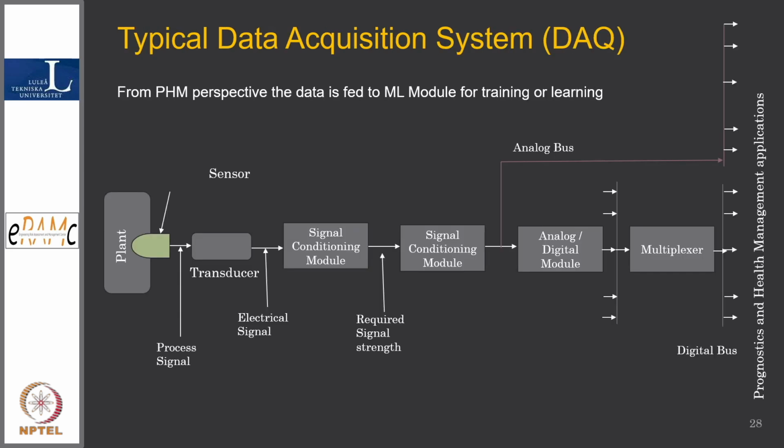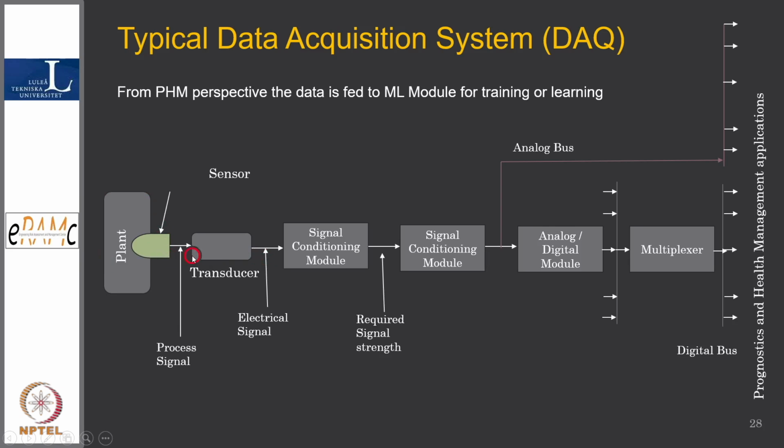So as I had mentioned, I will be discussing this figure in different contexts. So let us say now I am dedicating this lecture to the data acquisition system. So we have a plant, I am showing only one sensor. In fact, if it is a reactor, all around it sensors will be kept, and hundreds or tens of sensors will be available.